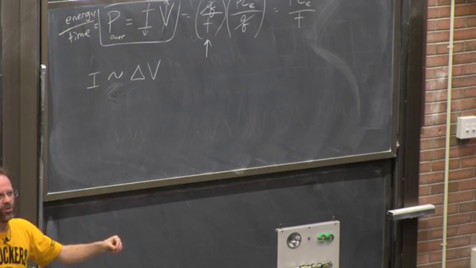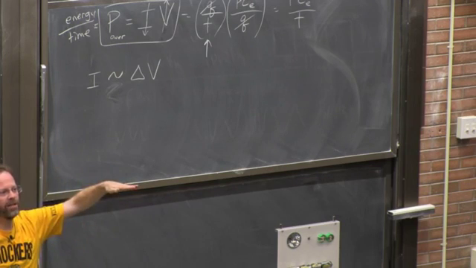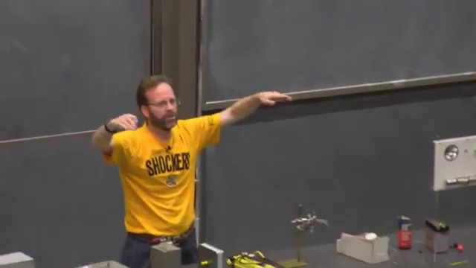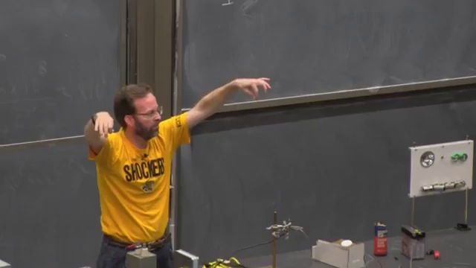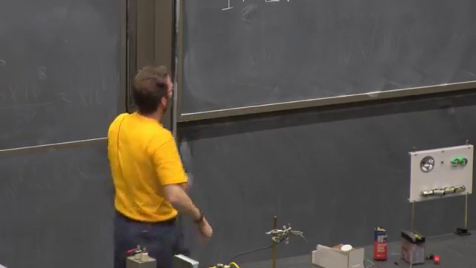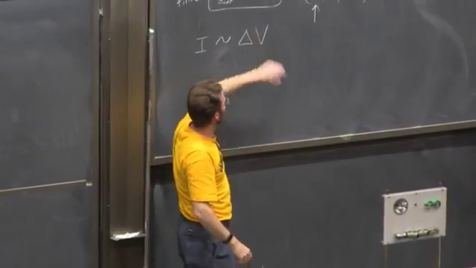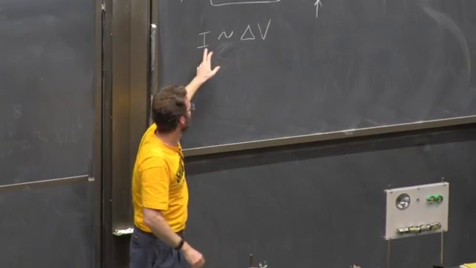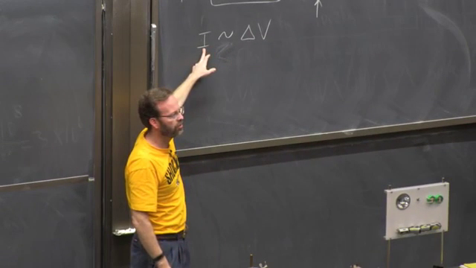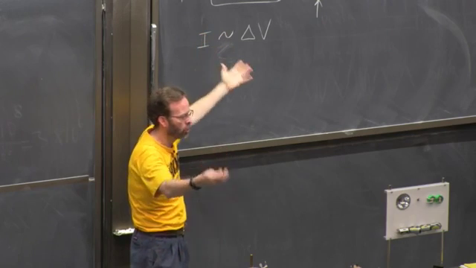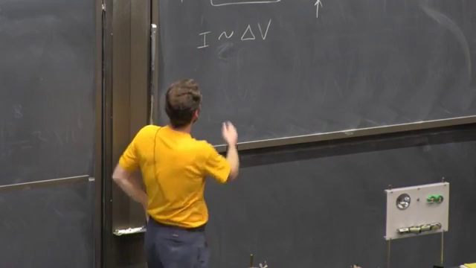But if this is at 120 and this is at 120, nothing happens, because there's no difference. They're the same. So you make that difference bigger, and that'll push more charges, give more energy per charge. The current goes up. You'll have more current, more flow of charge.